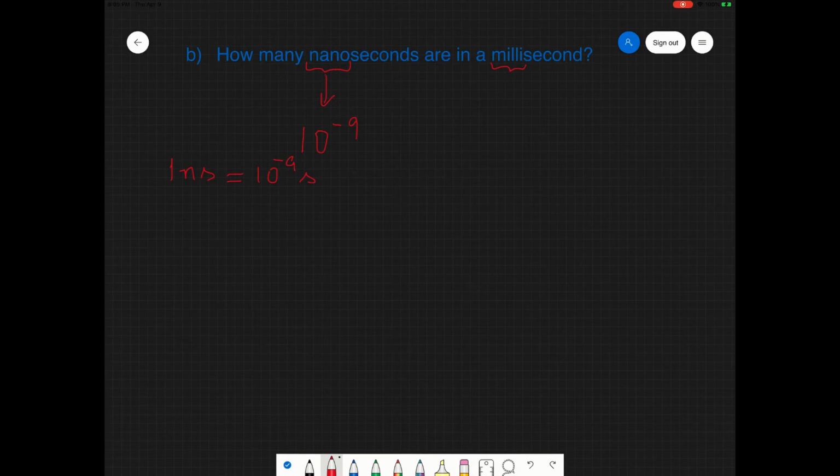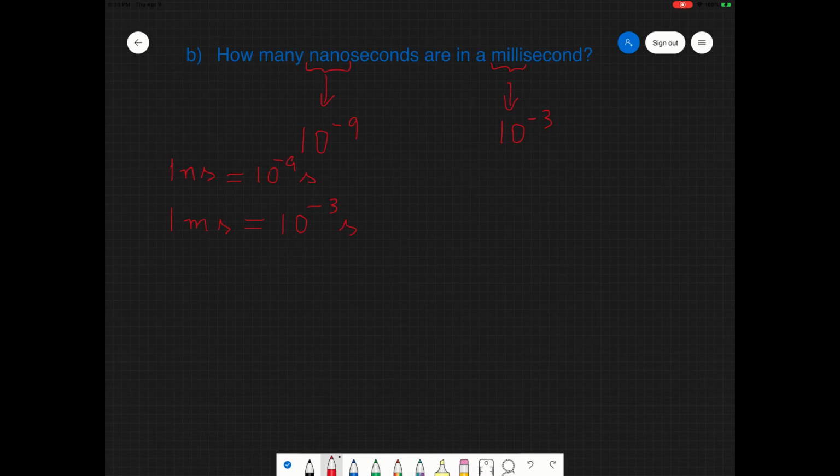And we also have the prefix milli, and milli means 10 to negative 3. So 1 millisecond corresponds to 10 raised to negative 3 of a second. We are going to use these as conversion factors for going from millisecond to nanoseconds.